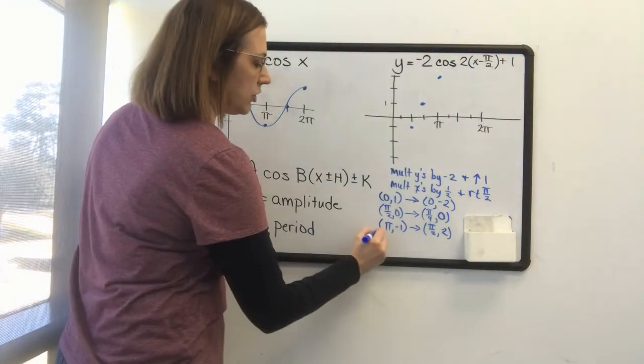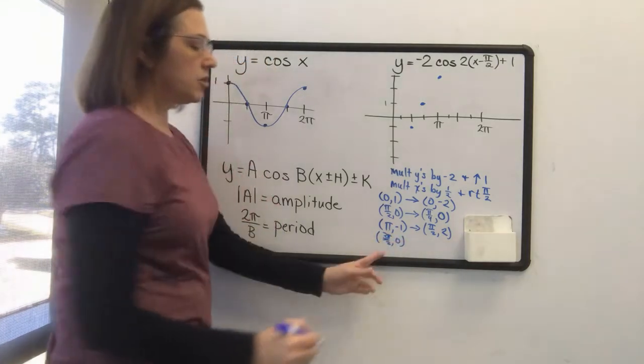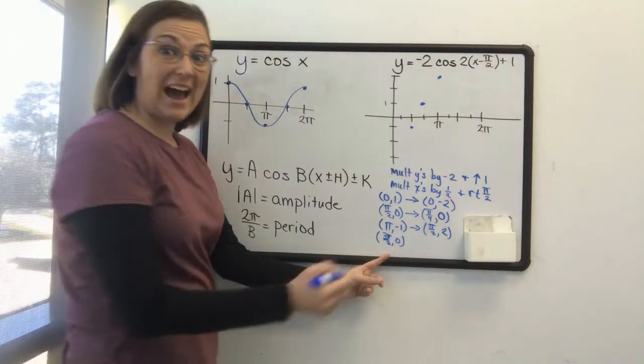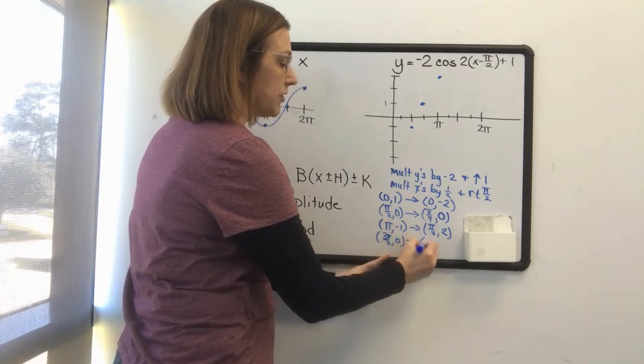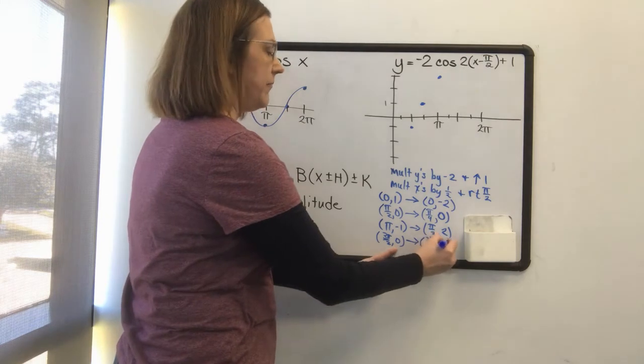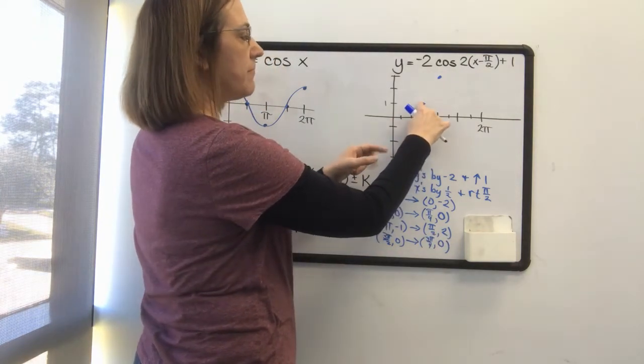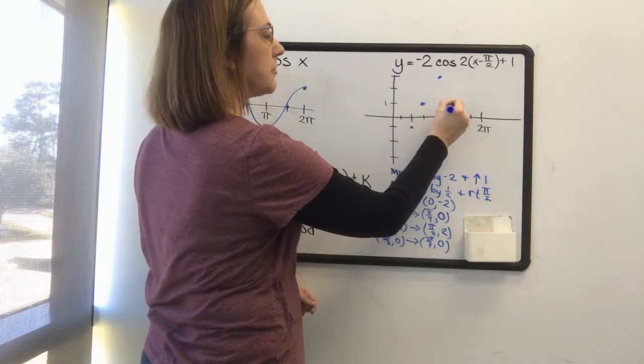Okay, we've got 2 more points to do. Let's do (3 pi over 2, 0). So we multiply 3 pi over 2 by 1/2. That gives us 3/4 of a pi and 0. So 3/4 of a pi is here. Now we're going up 1 and right pi over 2, which puts me here.